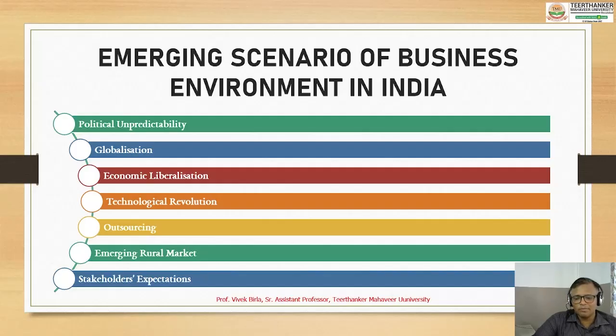The stakeholders include the investors, communities, societies, etc. These have high expectations for the business, and therefore we have to be very careful in selecting our product line, our clients, our suppliers, the market, and many more things, because all these individuals play a very important role these days. So this is all about the various emerging scenarios in the business environment in the country.